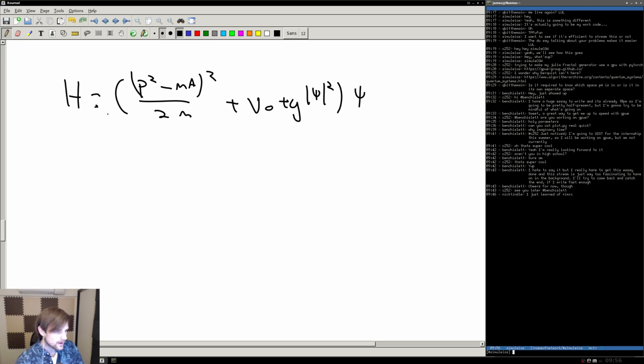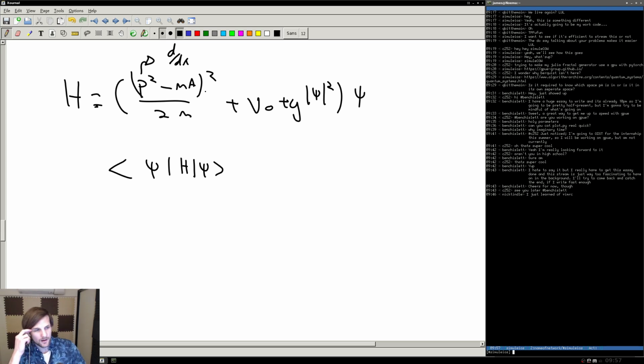So that's our Hamiltonian. The computation we need to perform is just psi conjugate H psi. So it should be no problem. We should have no problem just doing this computation because it's relatively straightforward. Sure, p is going to be a d by dx term, but I mean, we can just perform a derivative relatively quickly. So I don't see a problem with that.